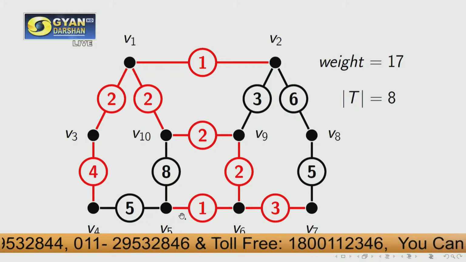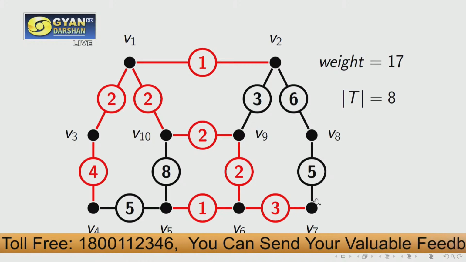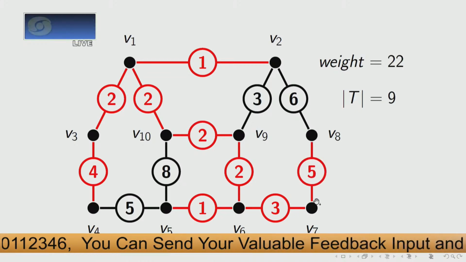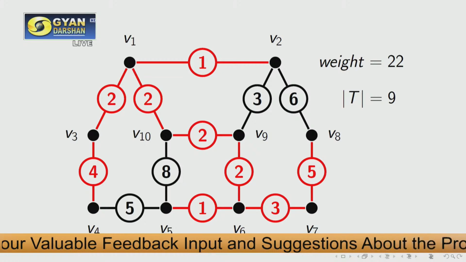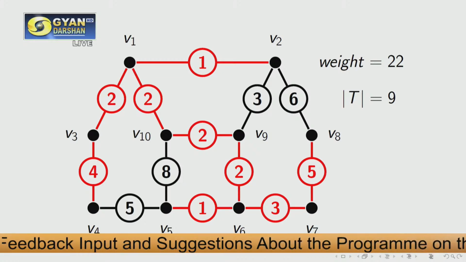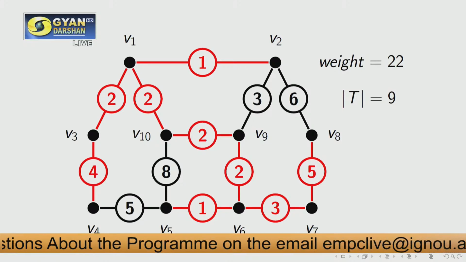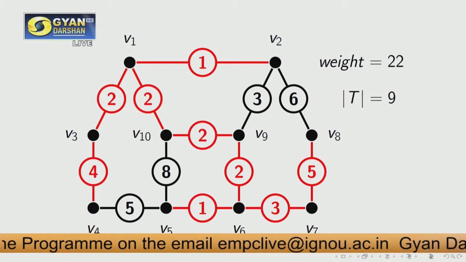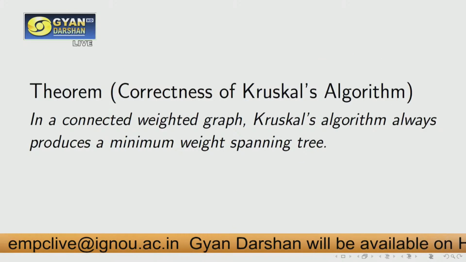So we are left with this one V7 V8. So we select this edge. So this way we got a spanning tree, and which has total weight 22. It has 9 edges. Okay, so now we come to the proof of correctness of Kruskal's algorithm.